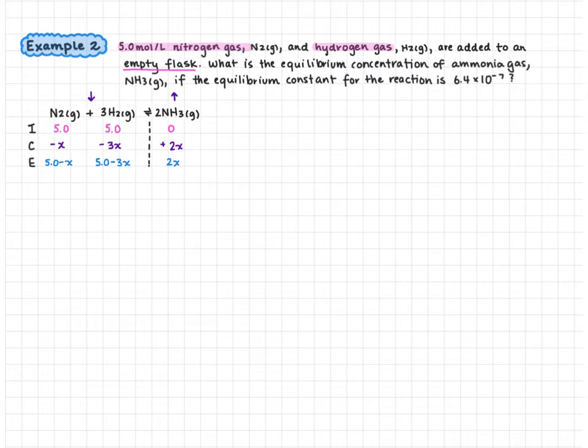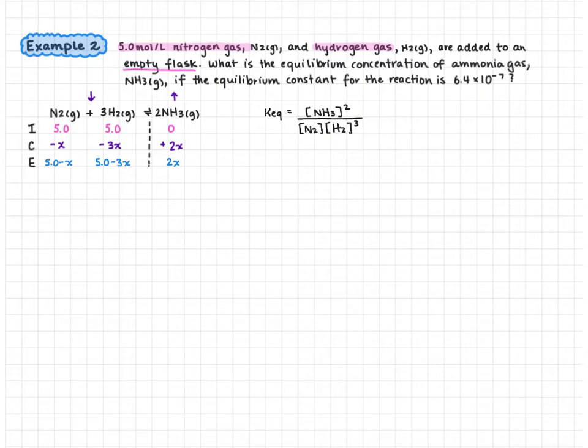So once we've done that, our next step is going to be to put this into an equilibrium expression. So our equilibrium expression for this reaction is KEQ equals NH3 squared over nitrogen times hydrogen, and hydrogen will be cubed.